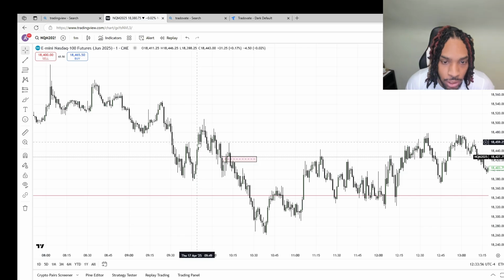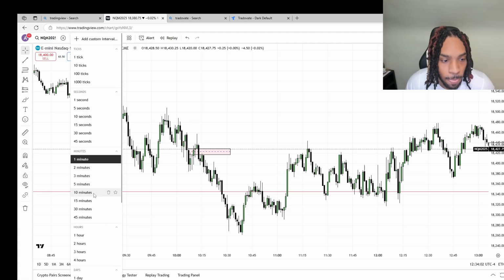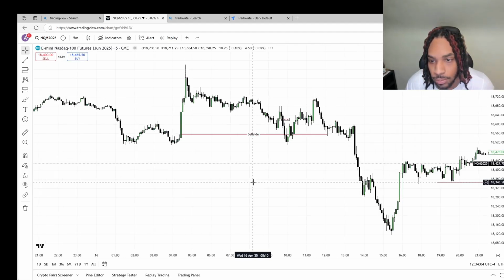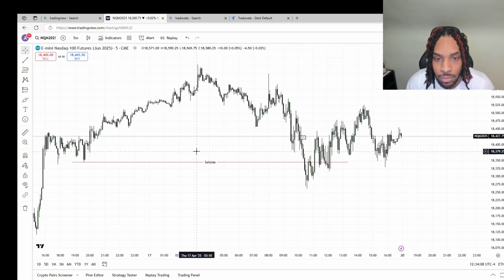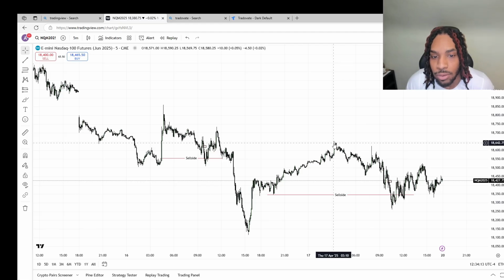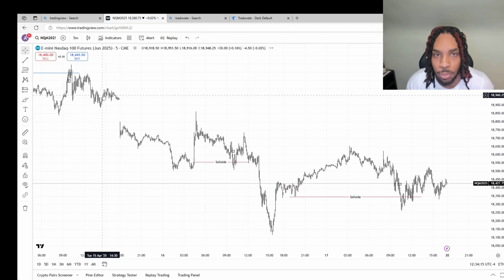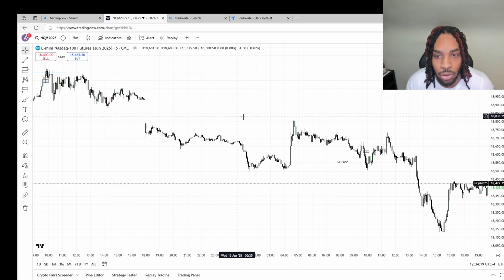So going into this day, I went long inside of this fair value gap. I'm gonna go on a 5-minute chart real quick. So going into this day, we had these highs right here, and then we had this new day opening gap. This gap right here that didn't get filled all the way in.